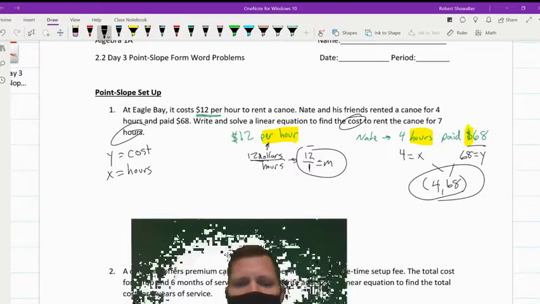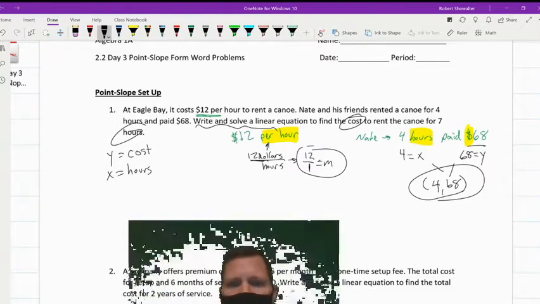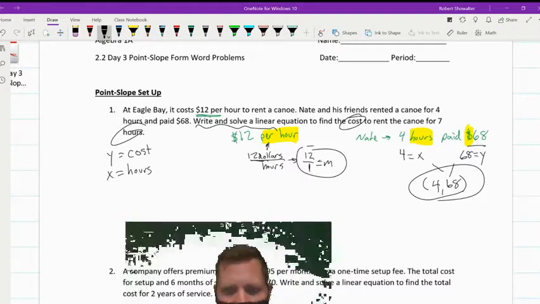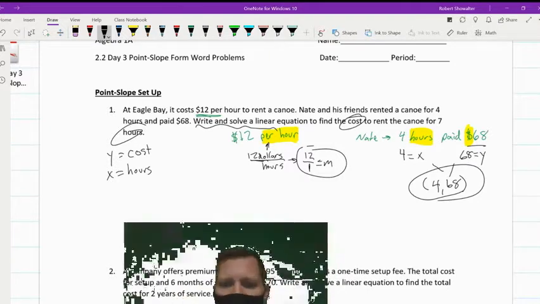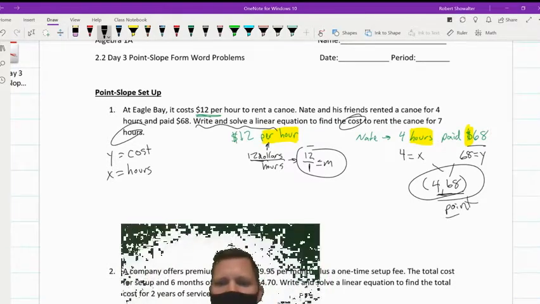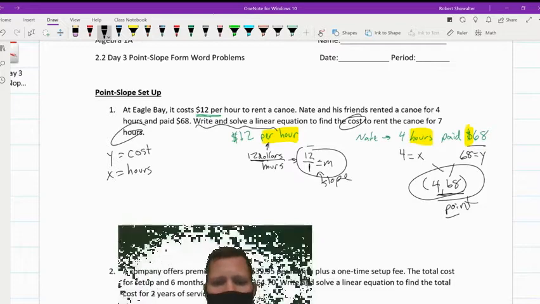That's what we're going to do. So to get the linear equation to find the cost to rent a canoe for 7 hours, we can use this point right here, and we can use this slope right here, and we can put it into point slope form.